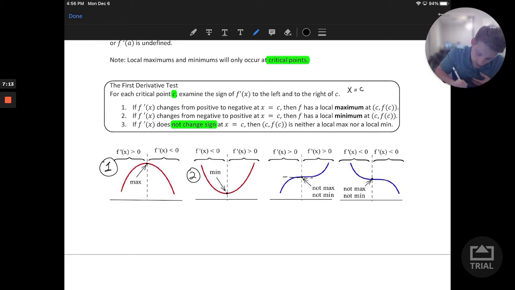We again call that a saddle point. So sometimes critical points can produce points that are not minimums or maximums. So we'll have to be careful about those situations.